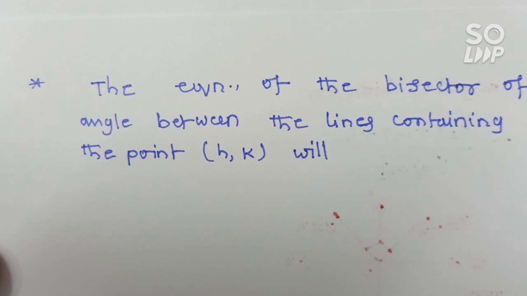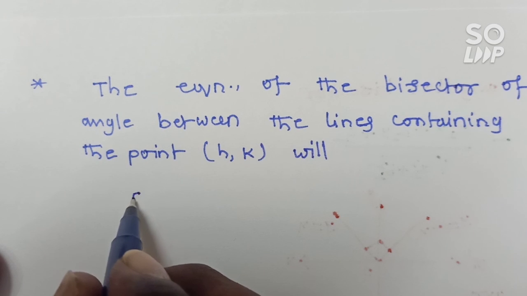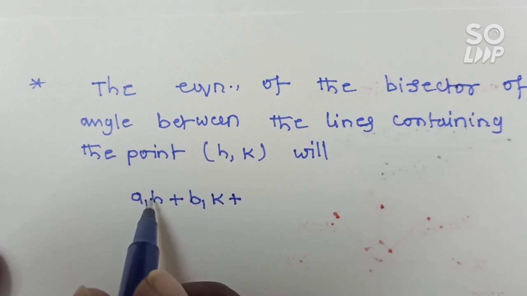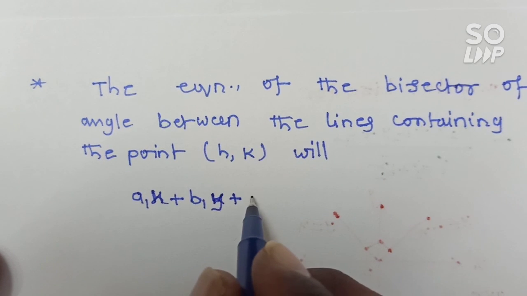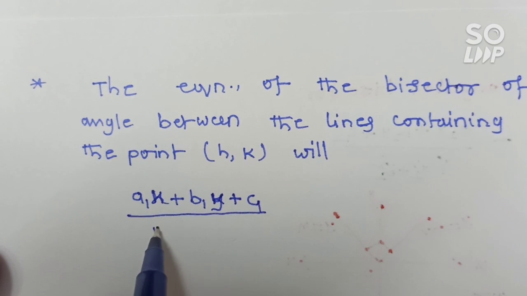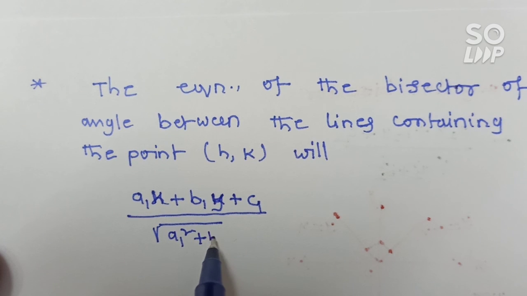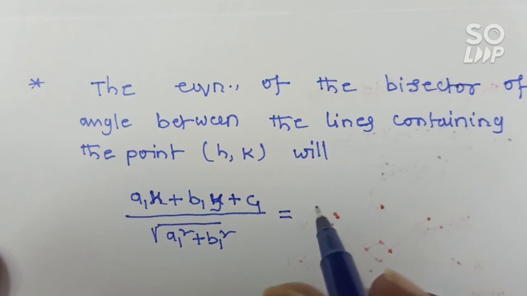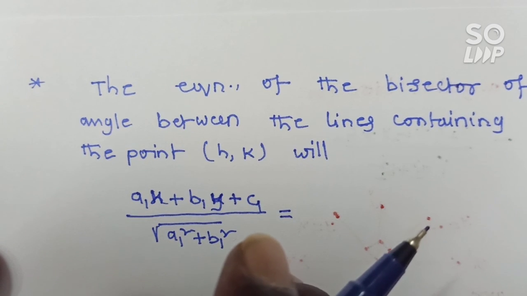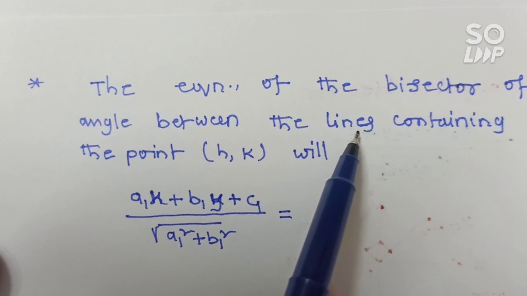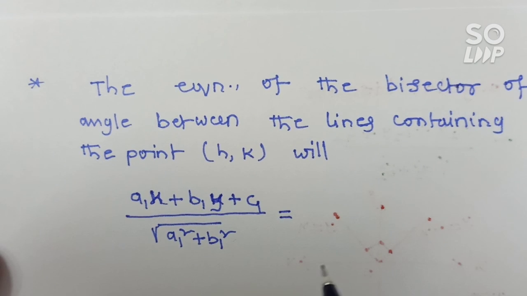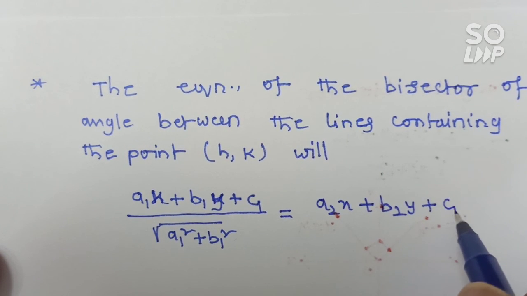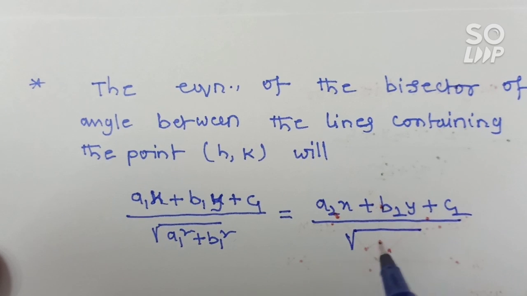Here two cases will arise. One will be a1 x plus b1 y plus c1 divided by root of a1 square plus b1 square is equal to, actually here the two cases are plus or minus, a2 x plus b2 y plus c2 whole divided by root of a2 square plus b2 square.